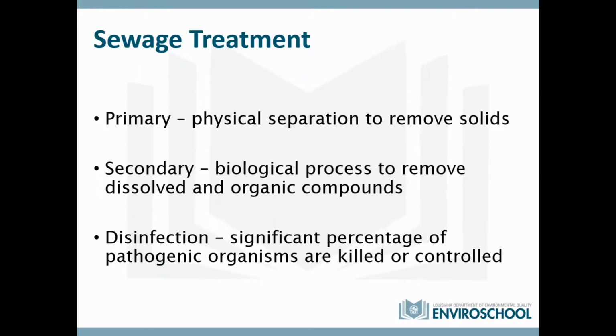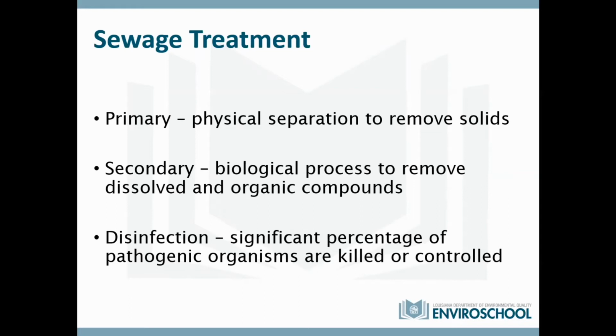So let's go over sewage treatment. And in a sense, this can actually convey to all wastewater treatment for the most part, but we're focusing on sewage. There are three basic components of sewage treatment. Primary treatment, which basically is the physical separation to take out the solids. Secondary treatment, which is the biological processes that remove dissolved inorganic compounds.